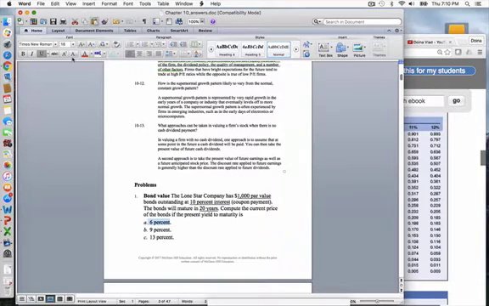So let's take the case when the yield to maturity is 6%. That means new bonds issued today are issued at 6%. Suppose you purchased this bond a few years ago when the yield to maturity was 10%. Intuitively, if you want to sell this bond right now, are you going to sell it for more than 1,000 or less?